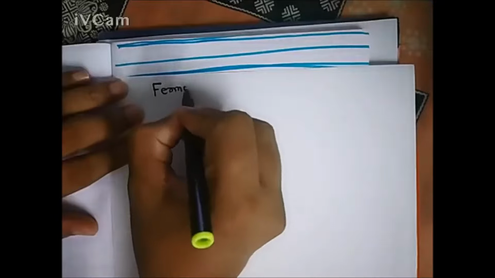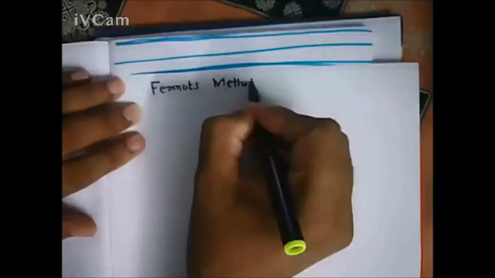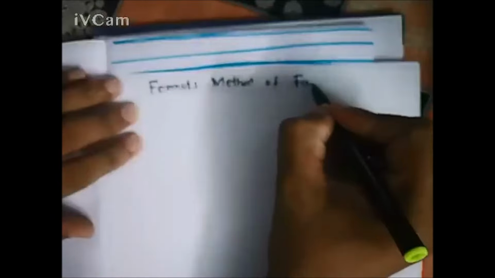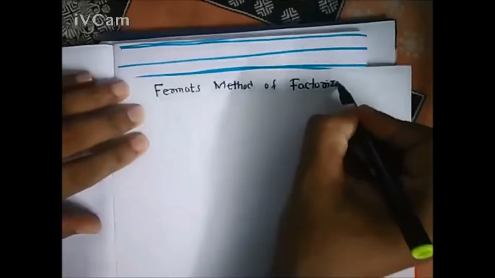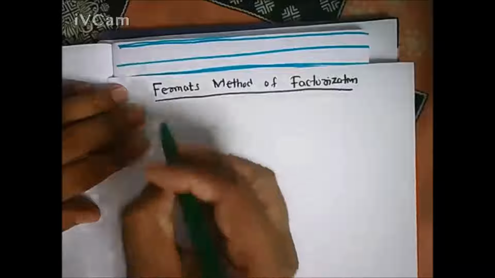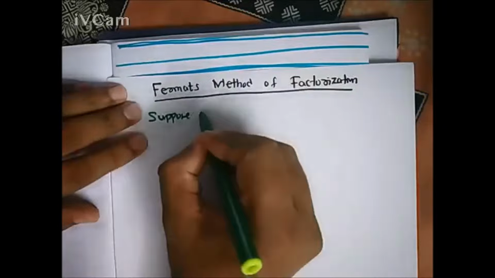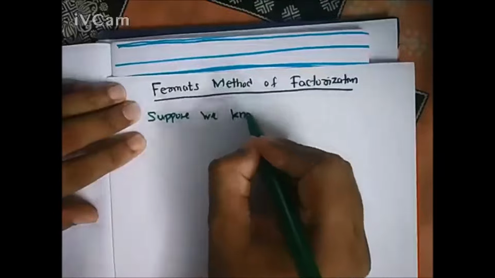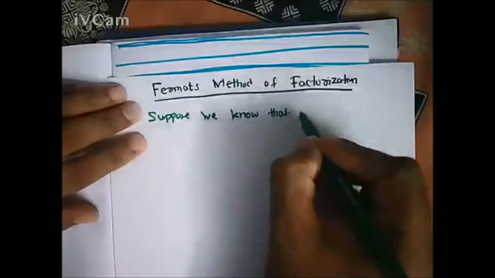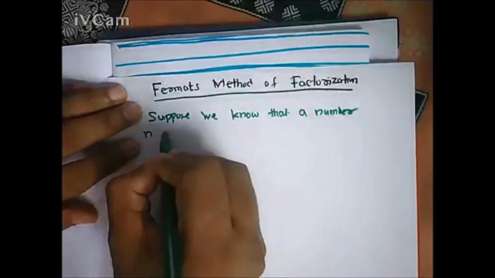Today we discuss one of the important concepts called Fermat's method of factorization. Suppose we know that a number n is composite.